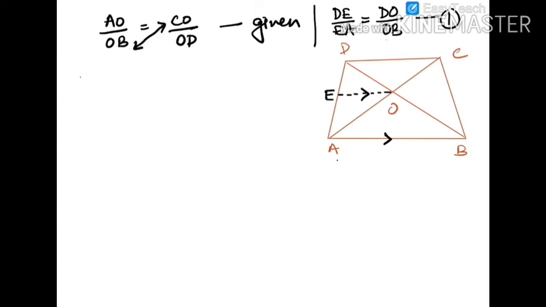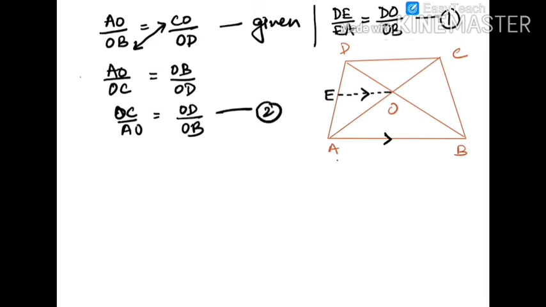So what we can do is we can shift CO to the left side and OB to the right side. So we get AO upon OC equal to OB upon OD. Now we can take reciprocal. So OC upon AO is equal to OD upon OB. Mark this step as 2.